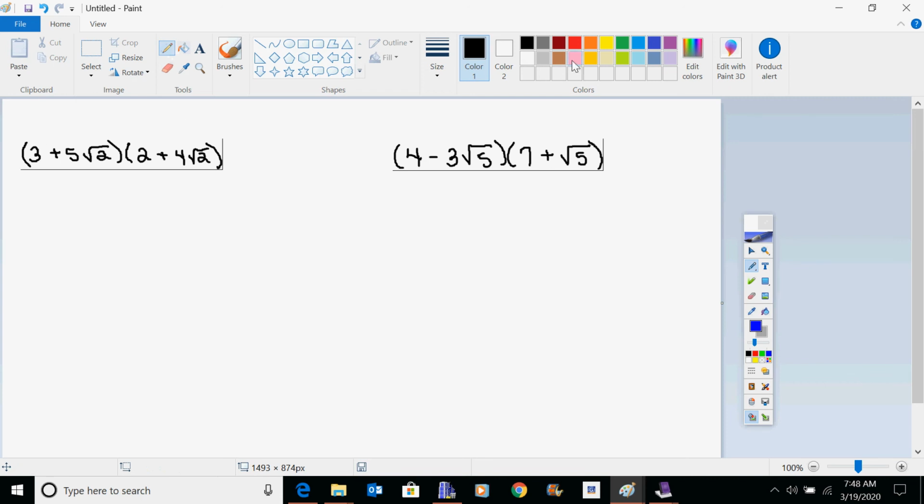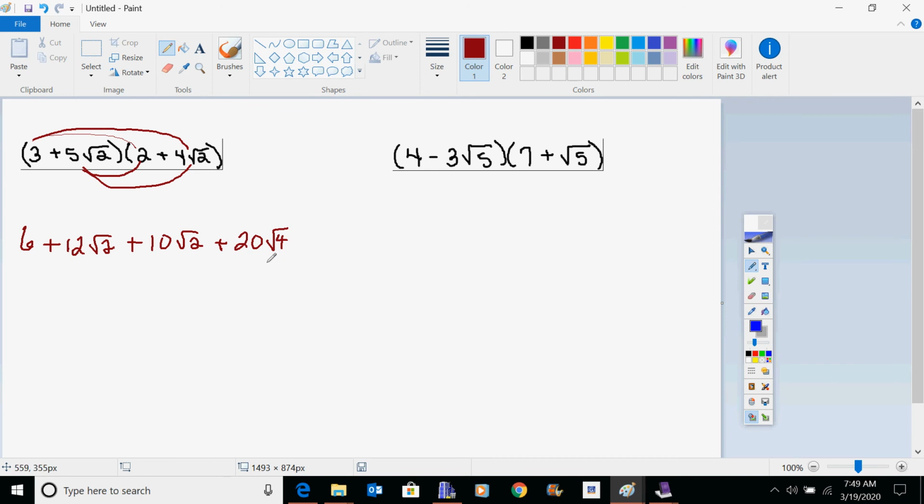And when you do this, we multiply this one times this one, the 3 times the 2. Make this a little bigger to see. And we get 6. 3 times 4 square rooted. Now this one's interesting because this is 5 times 4, which gives you 20, times the square root of 4.